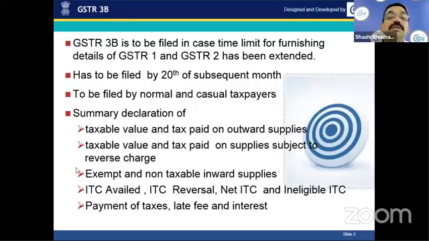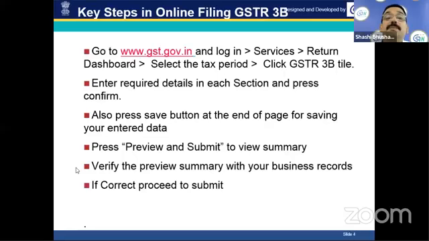I'm going fast on these slides because you are already familiar, as more than 95 lakh people have already filed GSTR 3B. So the taxpayers have got some familiarity with the different components.